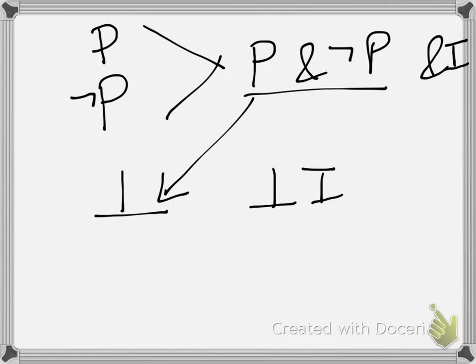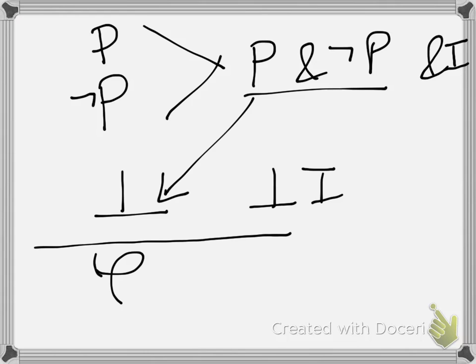Well, it's also the case that the formula P and the formula not P are inconsistent, because it's impossible for them both to be true at the same time. And any argument with inconsistent premises is valid, no matter what the conclusion is. Because according to the definition of inconsistent premises, these are premises that can't all be true at the same time.